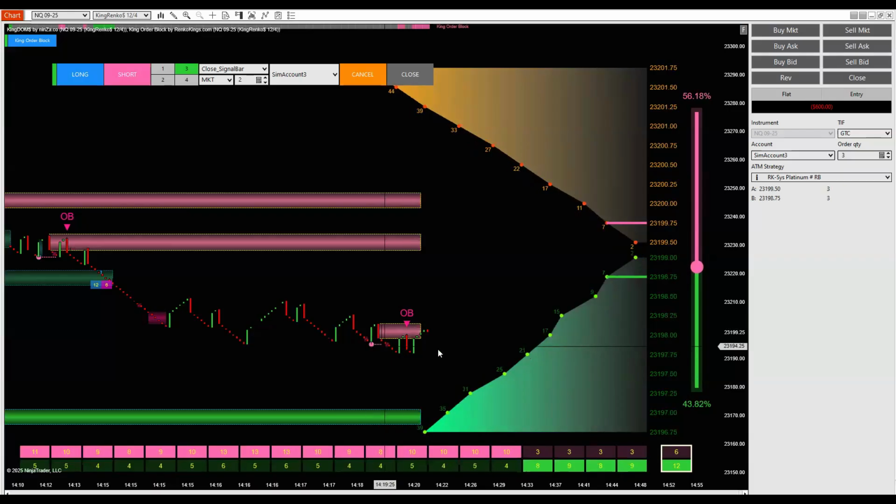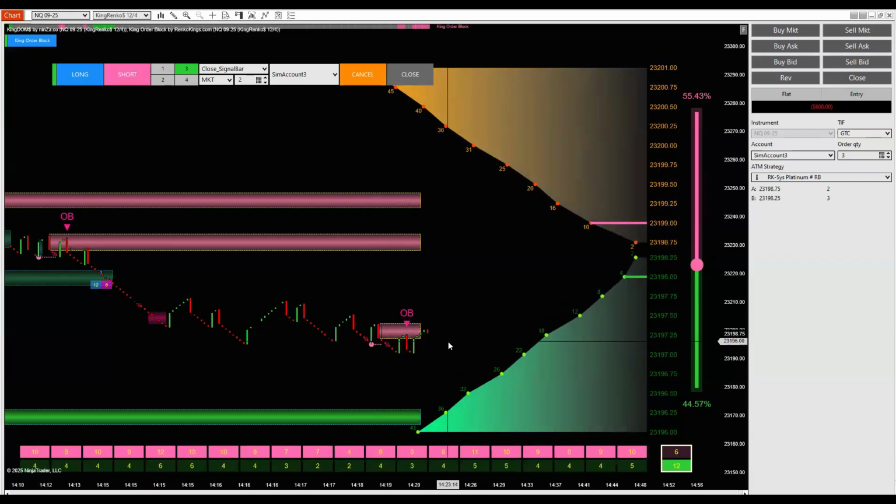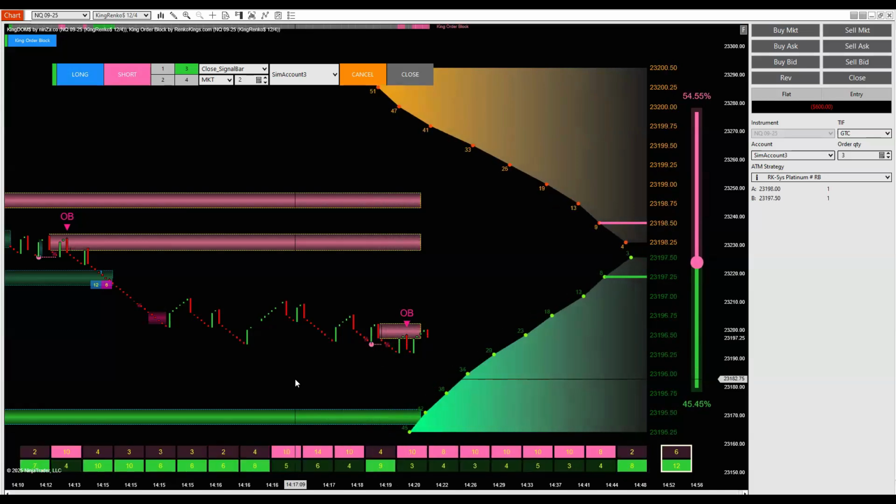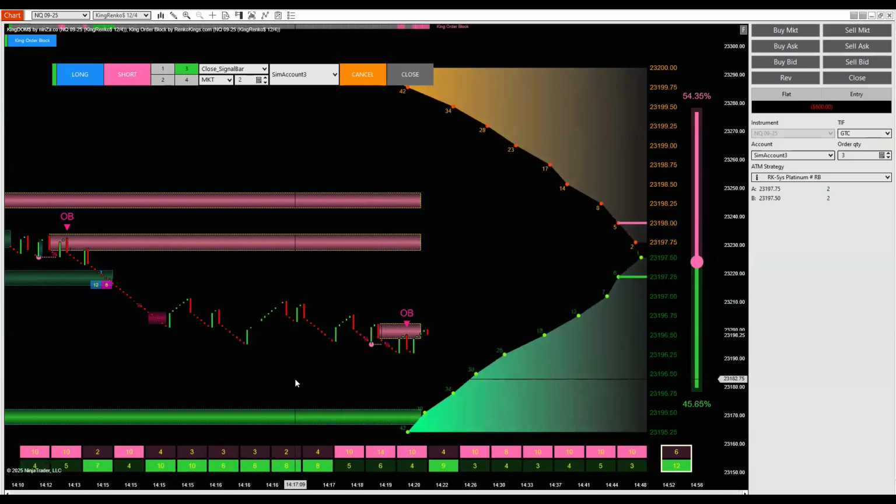Okay, so it looks like it begins to develop a resistance zone here. Now it's going to start looking to see if we can have a 2-to-1 ratio of sellers to buyers.